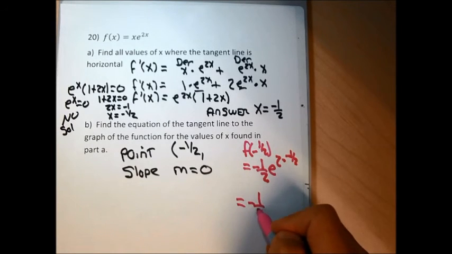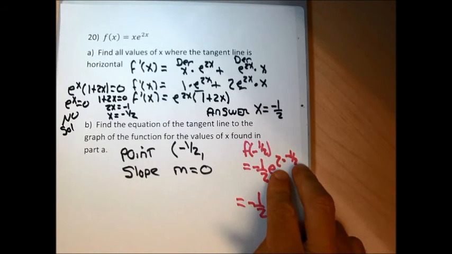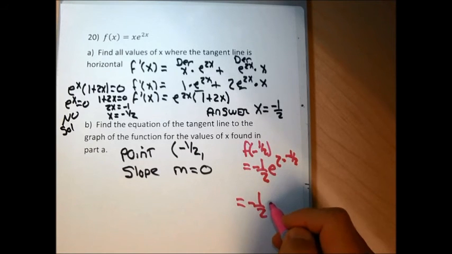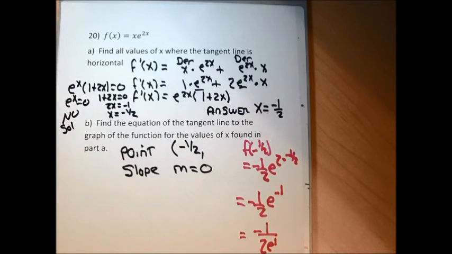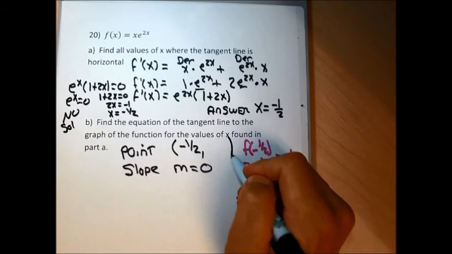That's going to give me negative 1/2. 2 and 1/2 are reciprocal, so they multiply to be 1 in general, but because they're opposite signs, they multiply out to be negative 1. I'm going to make the exponent positive by moving the e to the denominator. So I get the y-coordinate of my point as negative 1 over 2e.